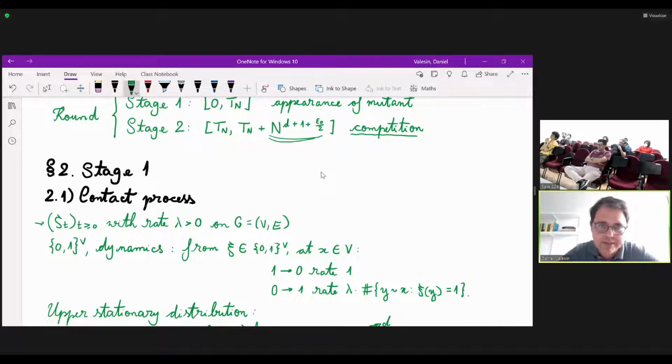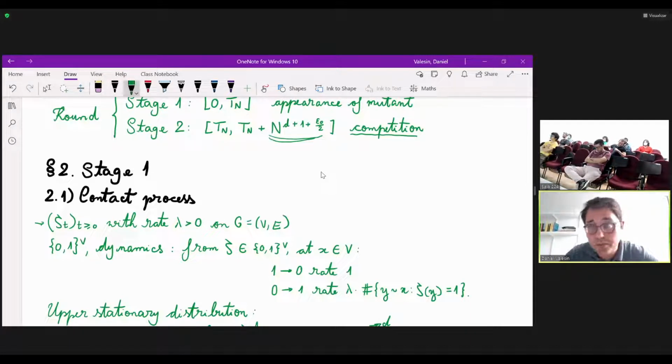And the dynamics is given as follows. From a certain configuration zeta and at a certain site x, the 2 types of jumps that can occur are that you go from 1 to 0 with rate 1, and you go from 0 to 1 with rate lambda times the number of neighbors that are in state 1.